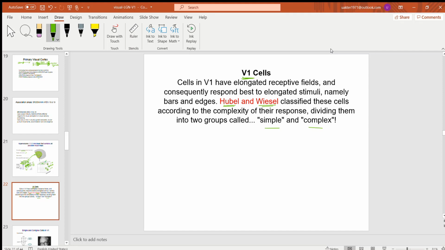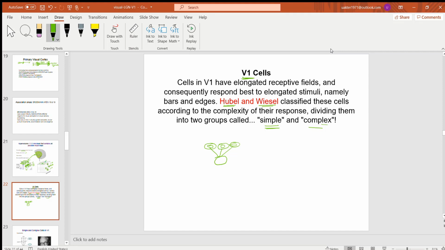And the simple cells have a smaller receptive field than the complex cells, because the simple cells, like this one simple cell I showed you before, have on center and off surround. So this is another simple cell, this is another simple cell. Okay, and simple cells converge on a complex cell, and this complex cell has only on center.